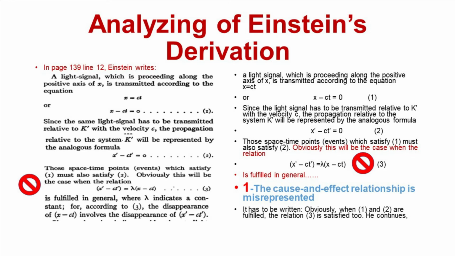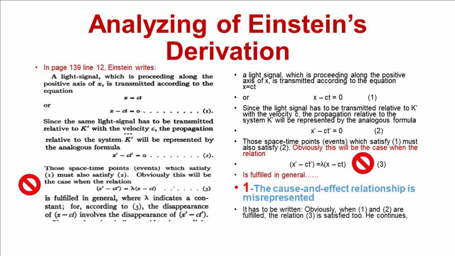Analyzing Einstein's derivation. On page 139, line 12, Einstein writes: a light signal, which is proceeding along the positive axis of x, is transmitted according to the equation x equals c times t, or x minus c times t equals 0. Since the light signal has to be transmitted relative to k prime with the velocity c, the propagation relative to the system k prime will be represented by the analogous formula x prime minus c times t prime equals 0.